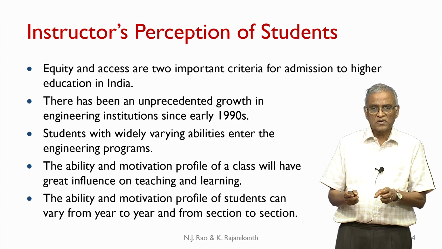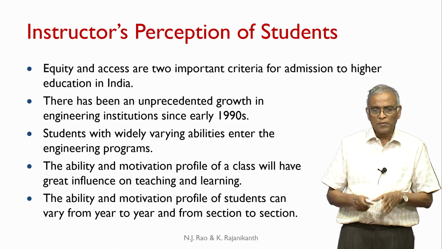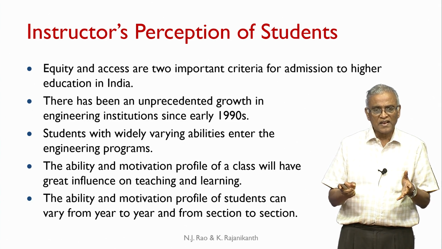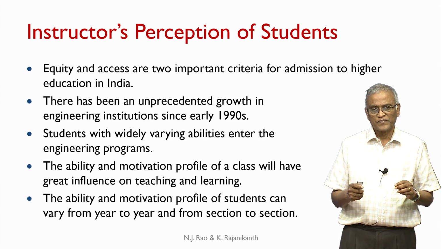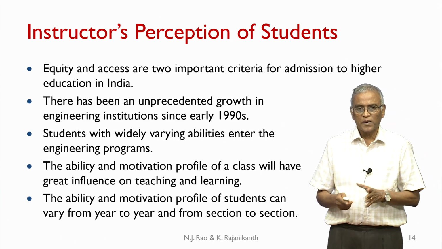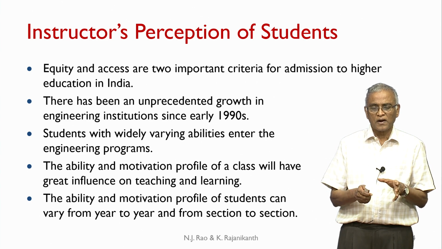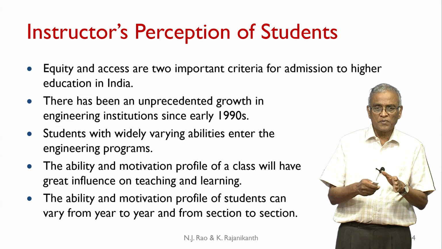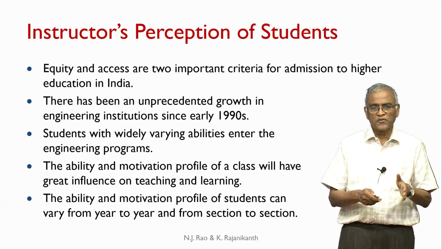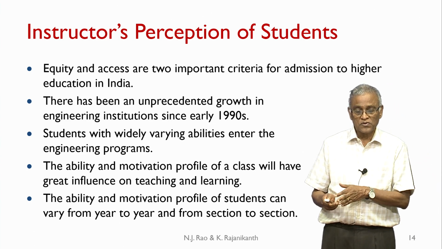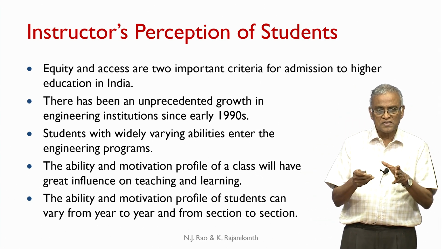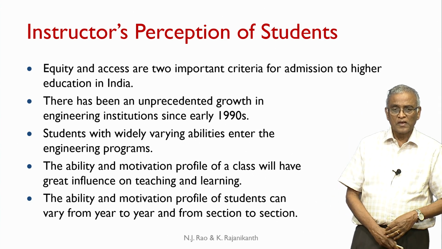Unless you match your teaching and learning with the ability and motivation profile, the learning does not take place. So, you have to adapt to the kind of students that you have with you, and on top of that, this will keep changing from year to year. Of course, these are all easier said than addressed in a particular college.